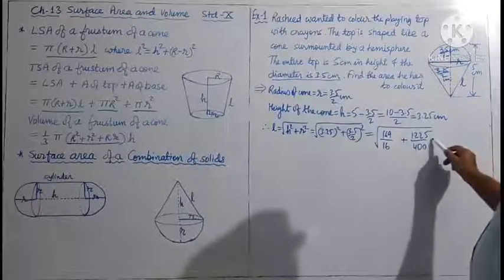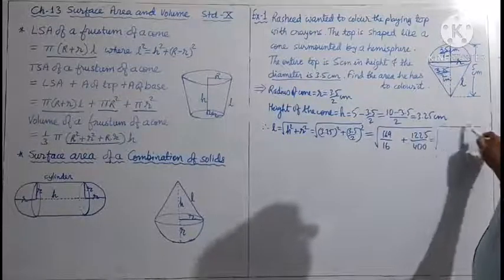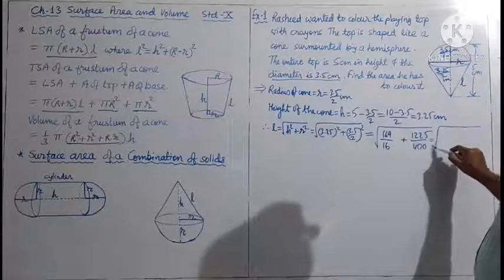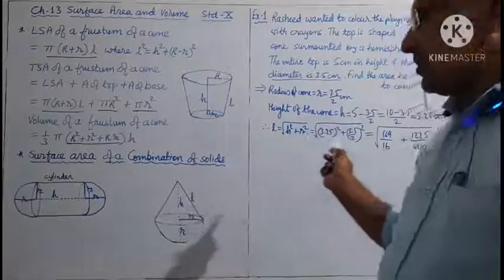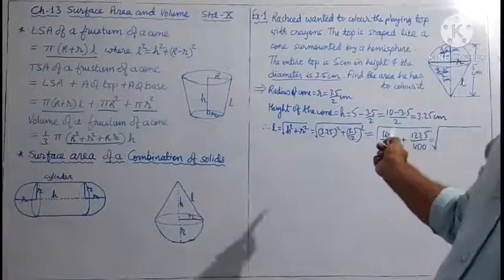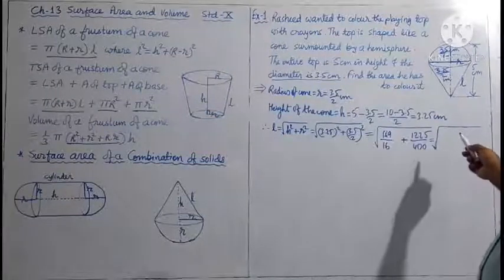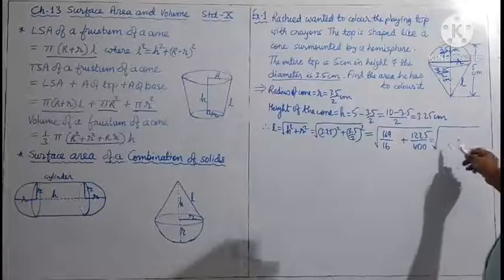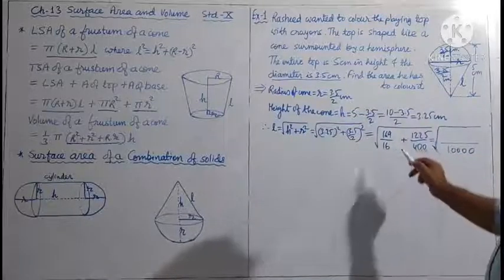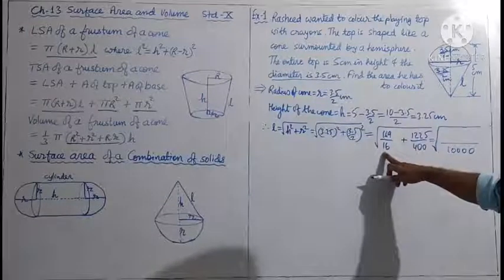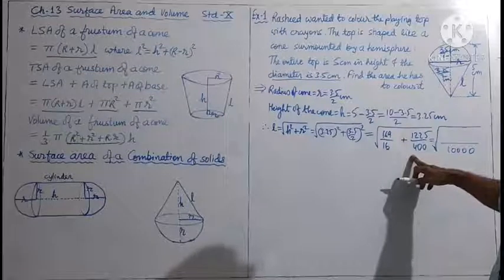So when we take LCM, what will be the LCM? To find the slant height, we have to go for the simplification of this. So now 169 divided by 16 plus 1225 divided by 400. When we take the LCM, we will get the denominator 10,000. You can see here 16 multiplied by 625, and this is multiplied by 25.